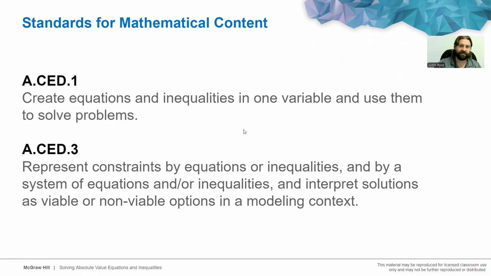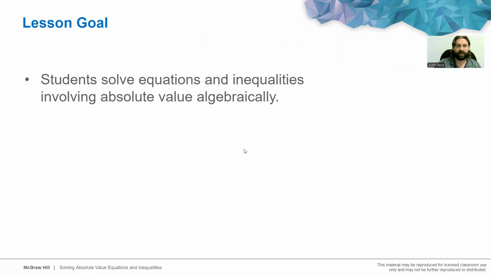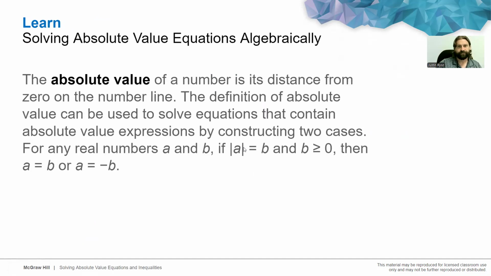All right, here's our state standards. Big thing that you guys are going to be able to do by the end of this is solve equations using absolute value algebraically. The absolute value of a number is the distance from 0 on the number line.